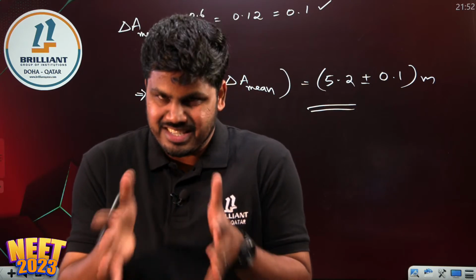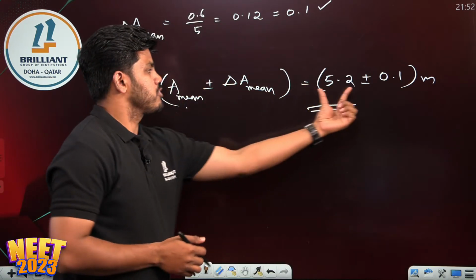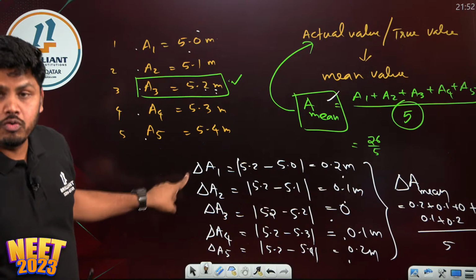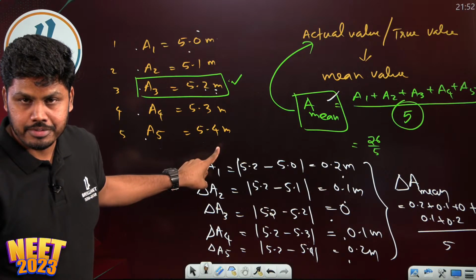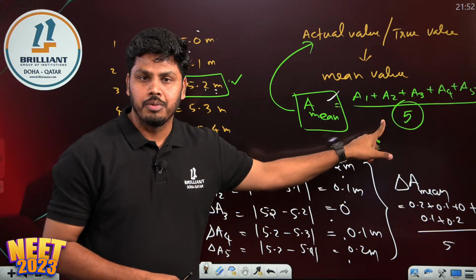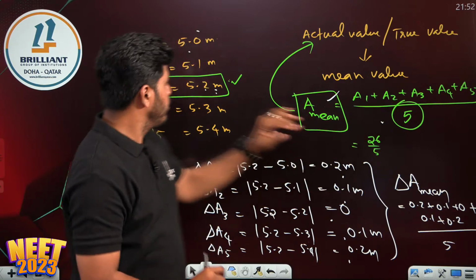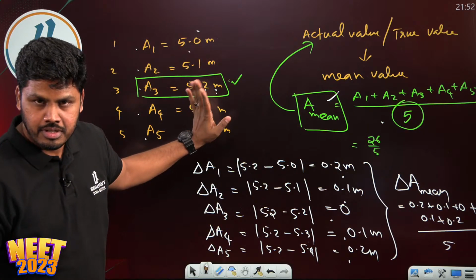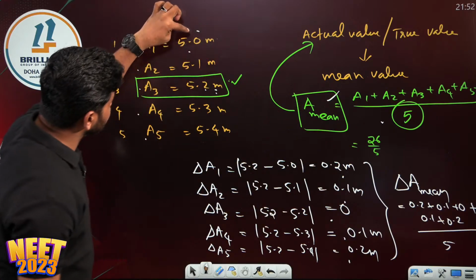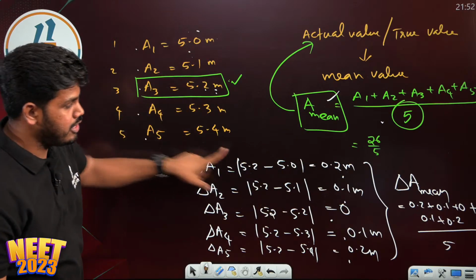So that first term stands for the true value of the measurement. How many values were you given? 5 values, from which we found out one true value. What is a true value? Actual value, the mean value of all the measurements. Using that as the true value, we found out the error in each measurement.